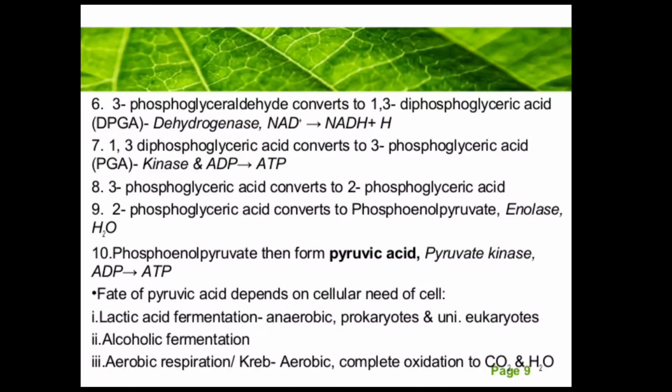When respiration takes place in the absence of molecular oxygen, it is said to be anaerobic respiration, and this results in the breakdown of glucose incompletely. So incomplete breakdown of glucose takes place in anaerobic respiration.